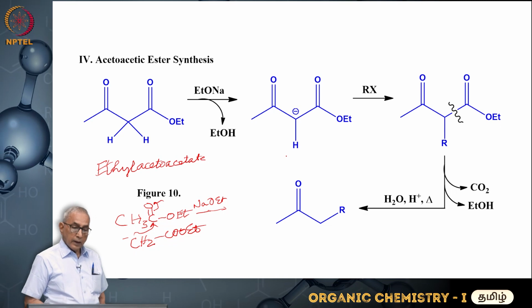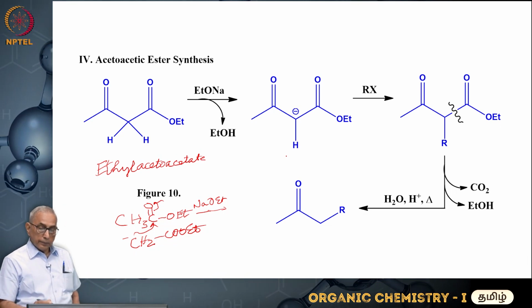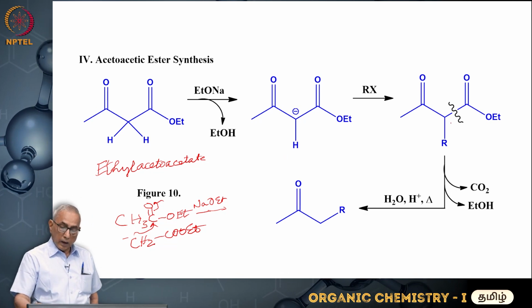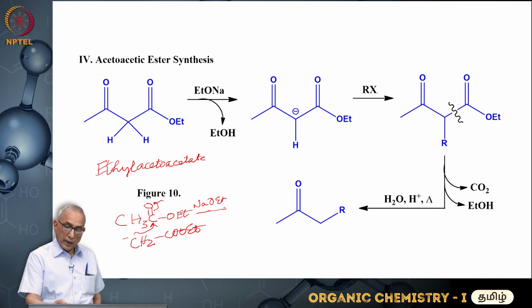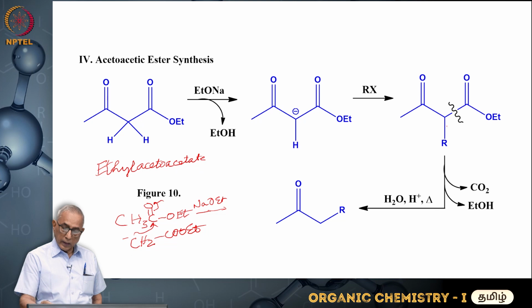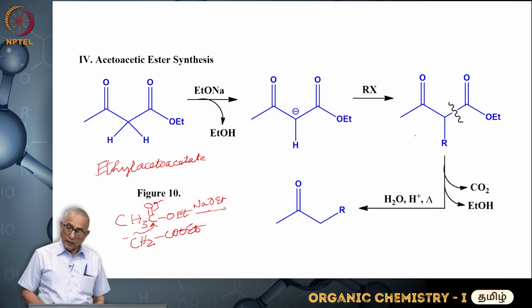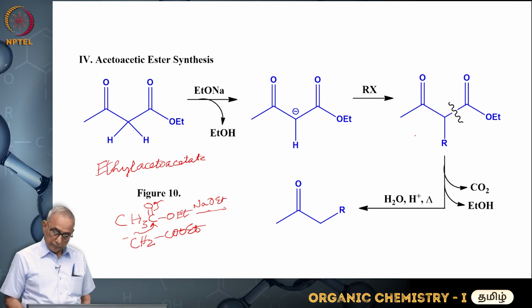of the ethyl acetoacetate. If the anion reacts with an alkyl halide, you get the R substituent here. This minus attacks the R group, the X is removed and you get this R group attached here. This is alkyl ethyl acetoacetate. The R group is the alkyl group.